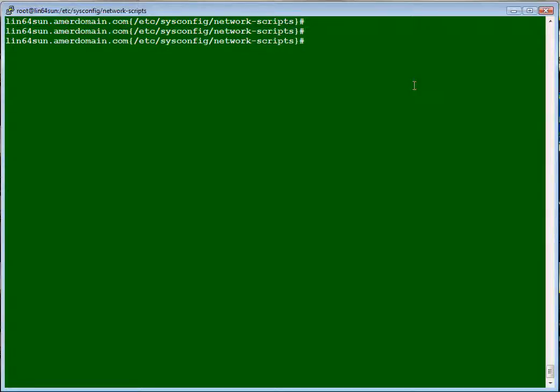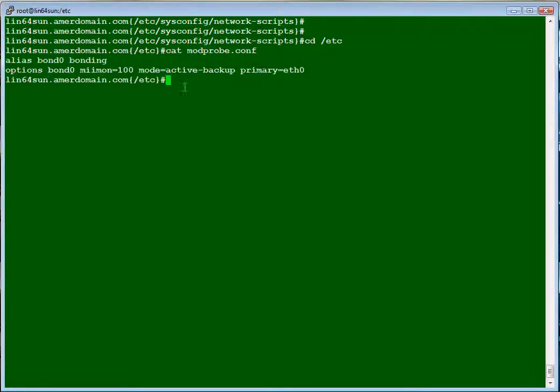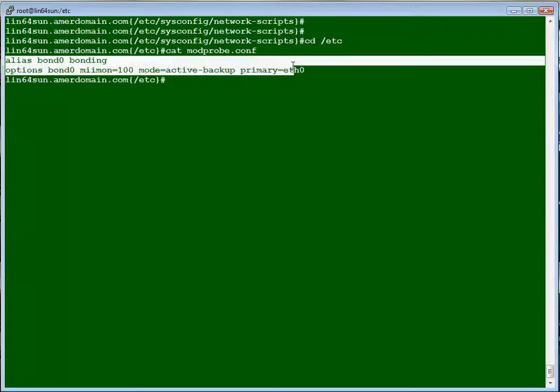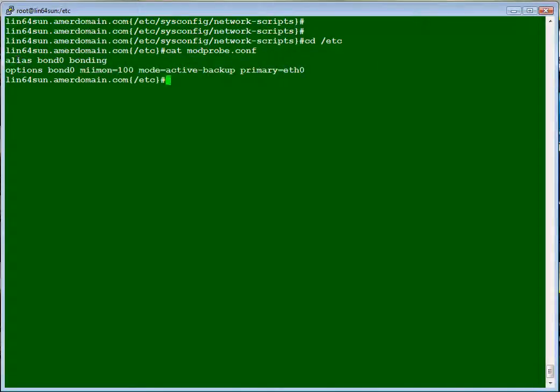Okay, there is one more entry, the modprobe file. You can cat the modprobe file in etc, and you can see you have to add these two entries, like alias bond0 bonding, then options for that bond0, like what kind of mode it is. Active-backup means if you have two Ethernet cards, Ethernet 0 for example is active and Ethernet 1 is the backup.